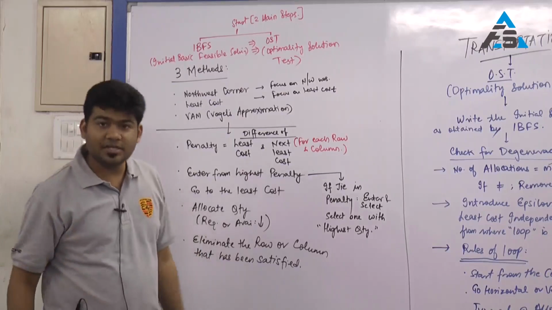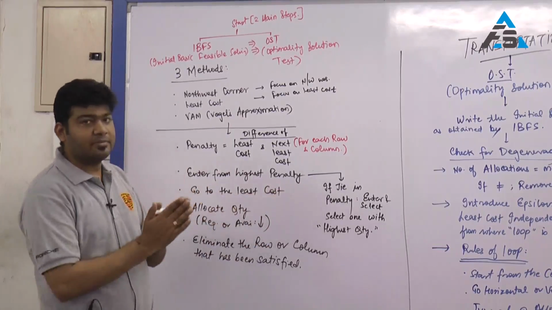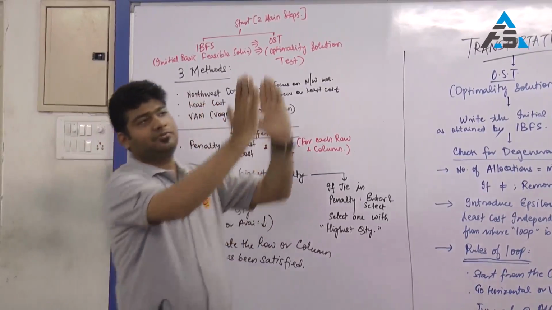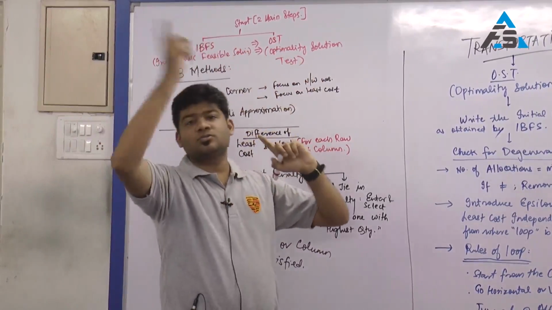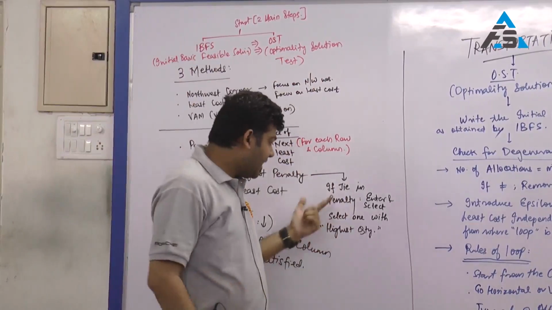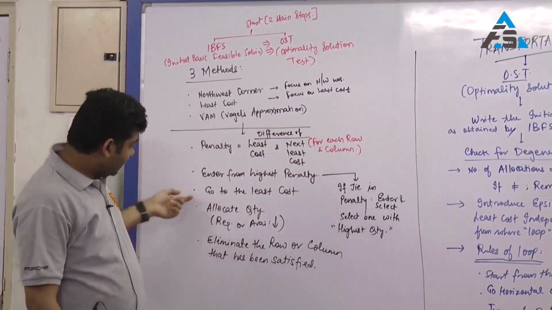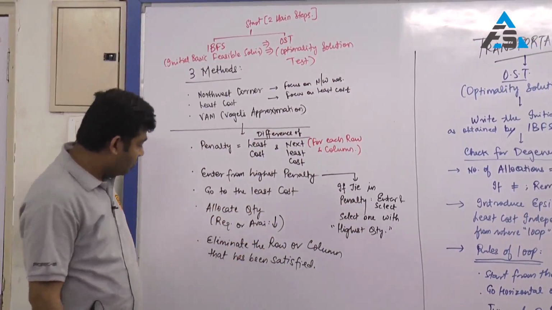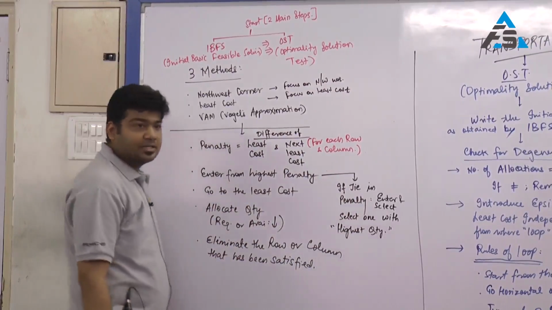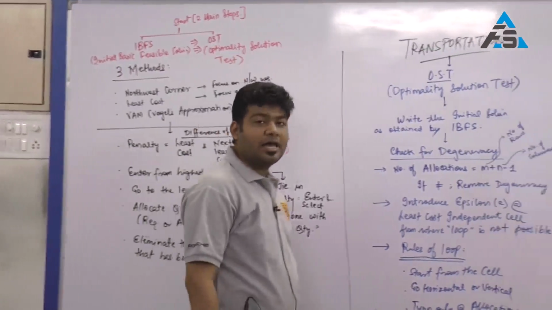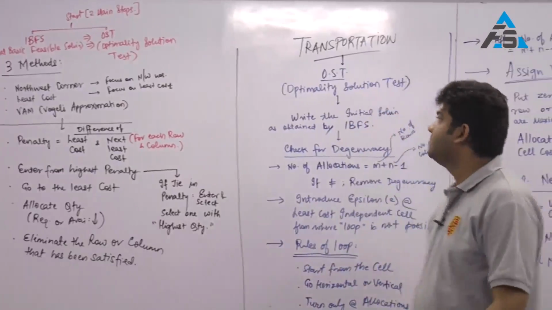The focus is highest quantity. So if there is a tie in penalty, suppose 2 and 2, enter from both of them and see where highest quantity can be allocated, and we will select that penalty. Again, once that is done, eliminate the row or column that has been satisfied. This will complete your IBFS for Vogel's approximation method.